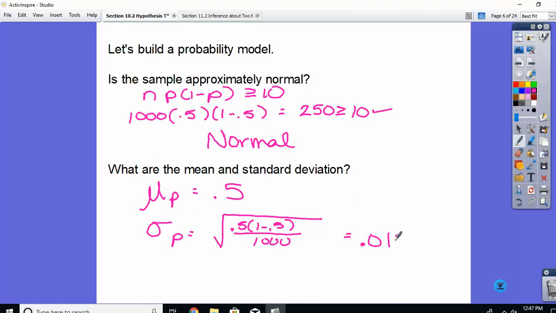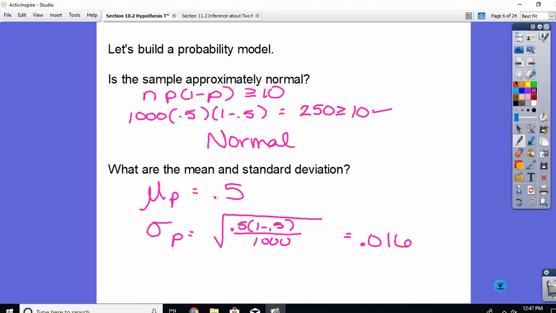And we can leave a lot of decimal places. For the sake of this example, I'm going to round it to only 3. So that's all old stuff. We did it in the last test, last chapter.